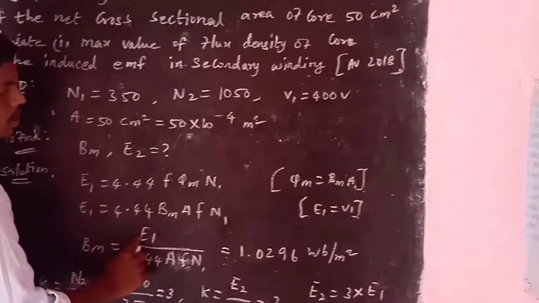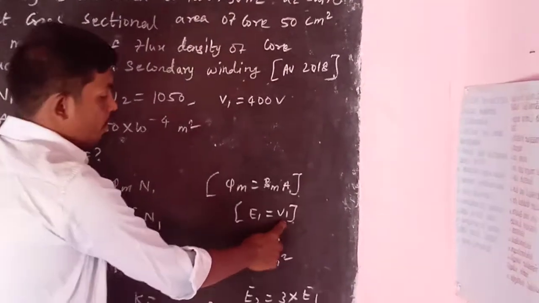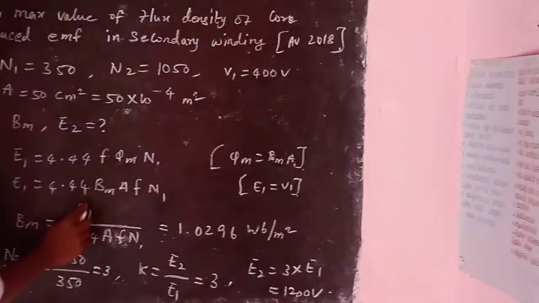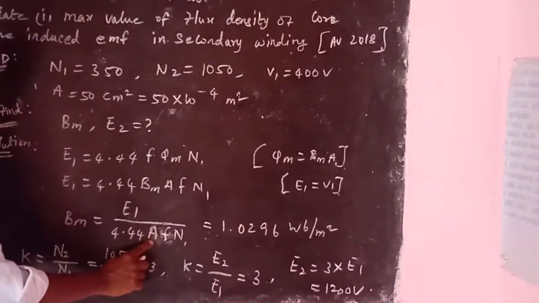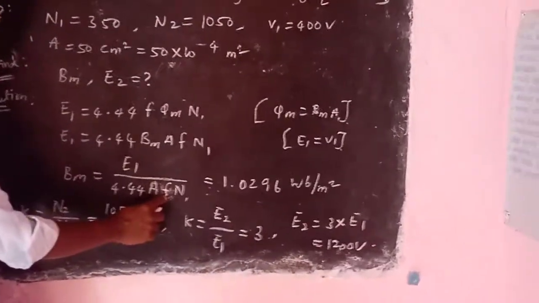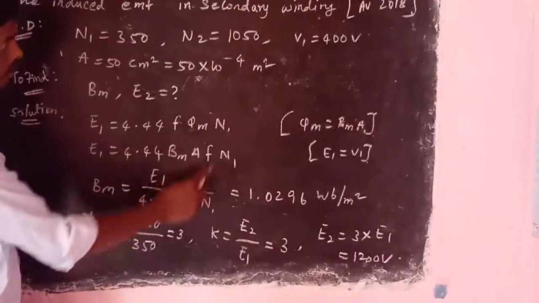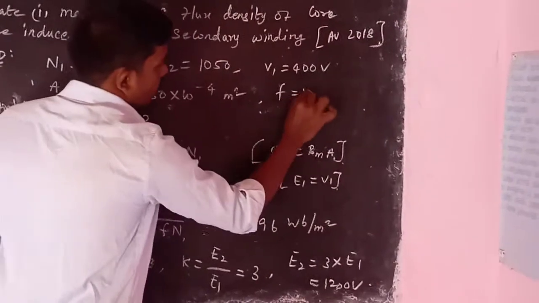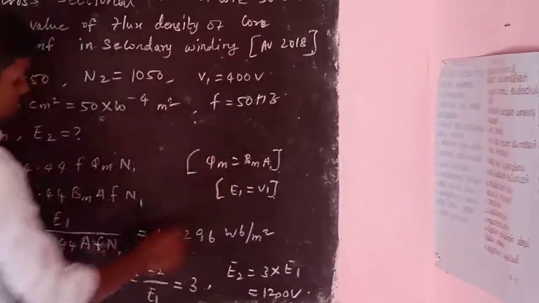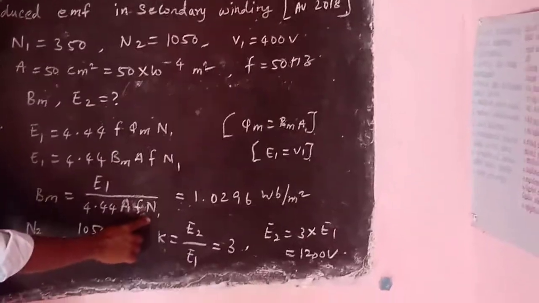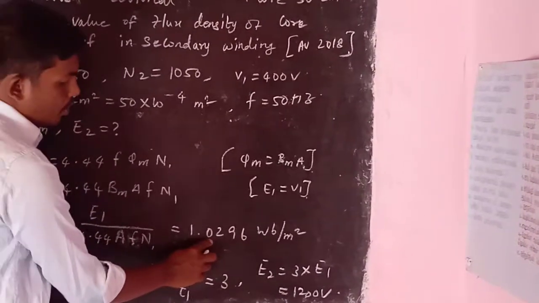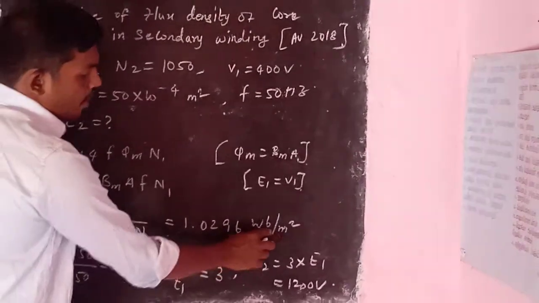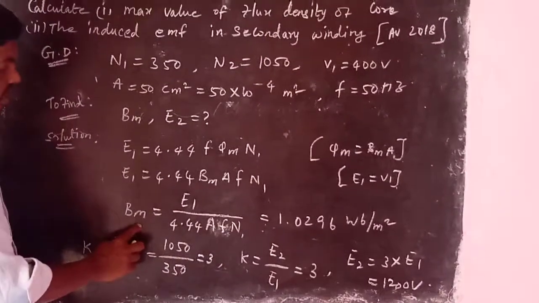Here E1 is the RMS value, the same as V1, which is 400 volts, and A is 50 into 10 power minus 4, the frequency is 50 Hz as given in the question, and N1 is 350. Putting in the values, B maximum is 1.0296 Weber per meter square. This is the flux density.